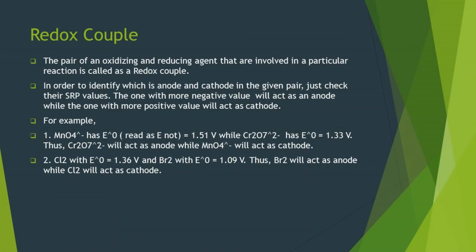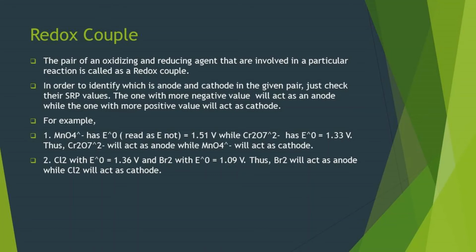In order to identify which is the anode and cathode in the given pair, just check their SRP values. The one with the more negative value will act as the anode, while the one with the more positive value will act as the cathode.